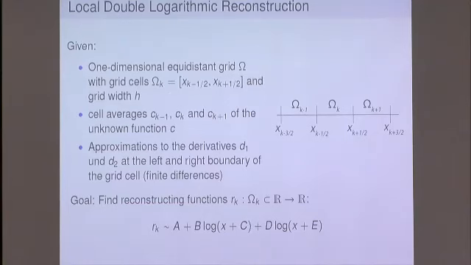The first thing we do is compute some approximation of the first derivatives at these 2 boundaries of this inner cell. This can be done in 1 dimension by some type of finite differences, and what we need is that they are of about second order accuracy.